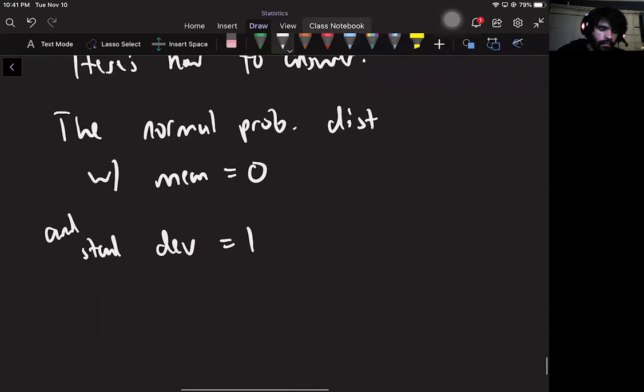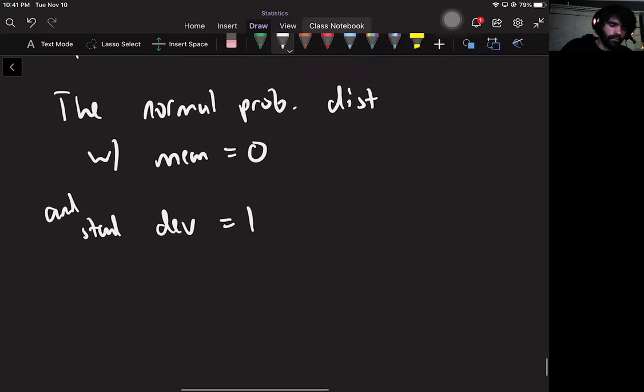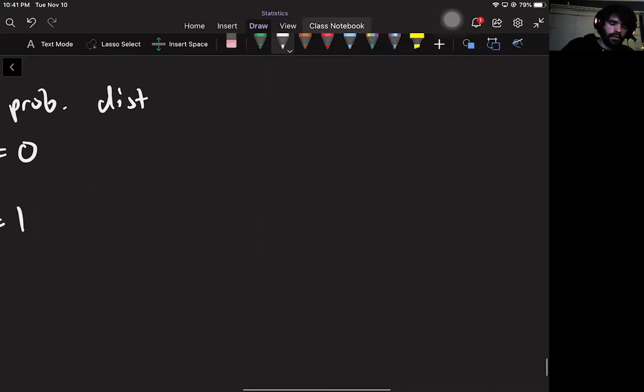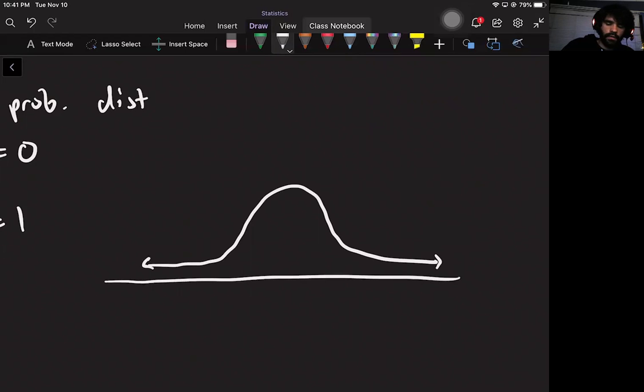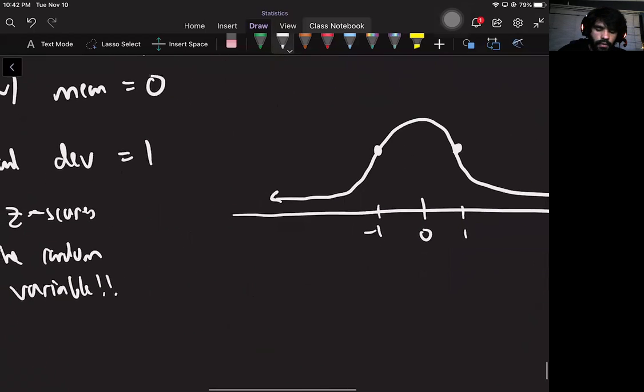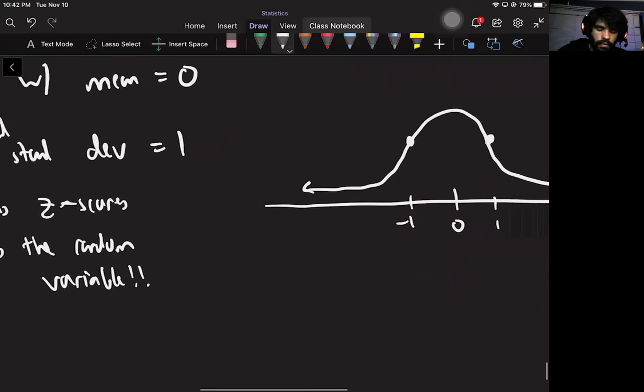So what this normal probability distribution does is it has z-scores as the random variable. Here it is, 0, and then it inflects at 1 and -1. So z-scores are the random variable.